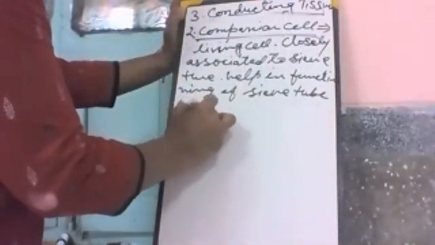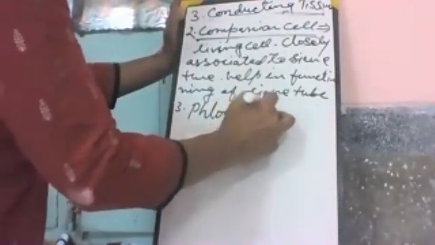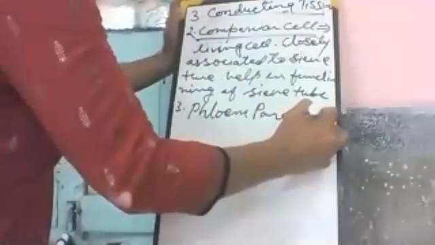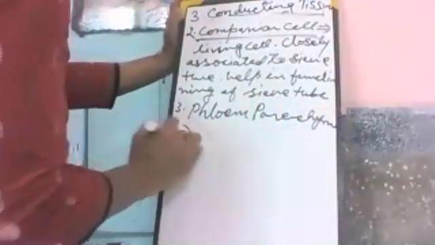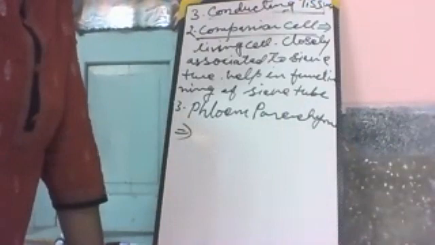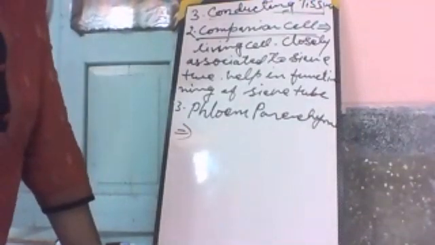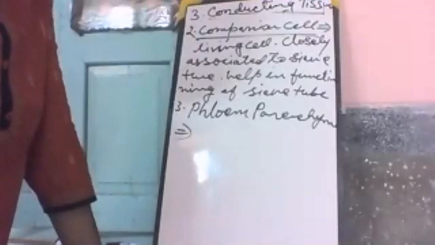The third one is phloem parenchyma. As this parenchyma cell is found in xylem also, the function of phloem parenchyma is the same as xylem parenchyma, because it is also responsible for the storage of food.